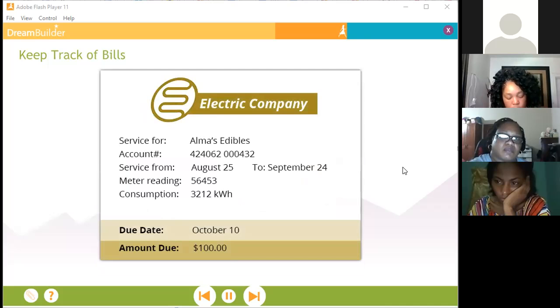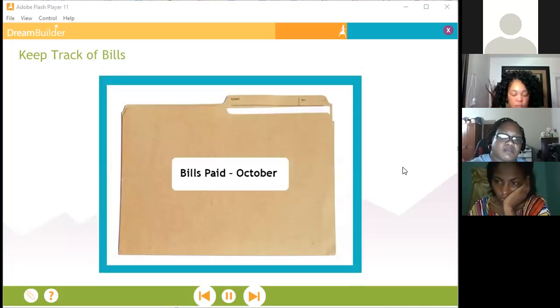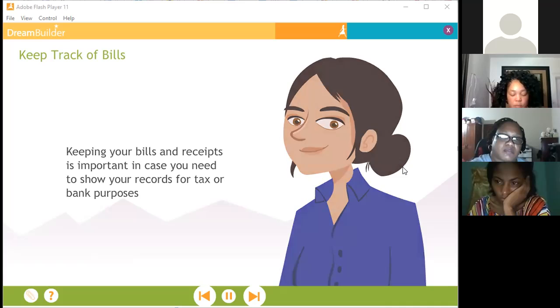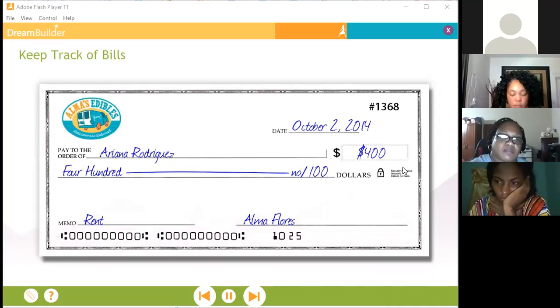When I pay a bill, I write the check number on the bill and the date I paid it. Then I move the bill into a folder labeled Bills Paid. I keep a separate Bills Paid folder for each month of the year, and I make sure that the date is written on each folder. Keeping your bills and receipts is important in case you need to show your records for tax or bank purposes.